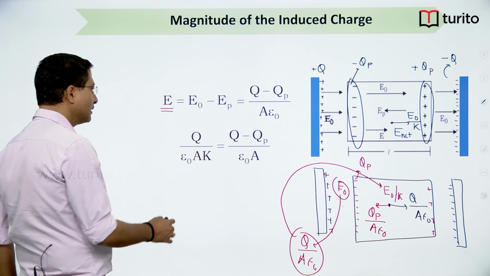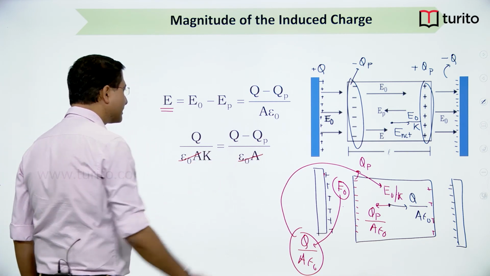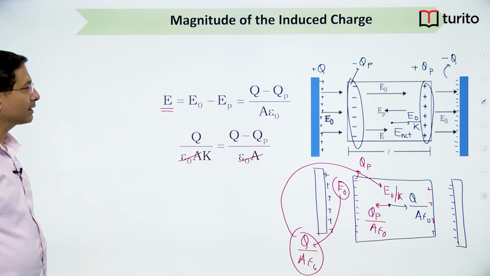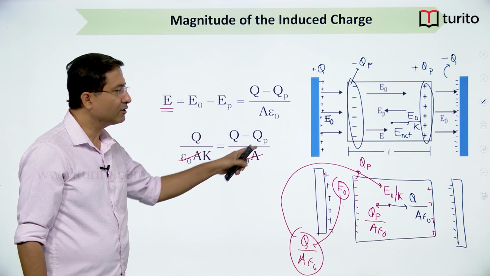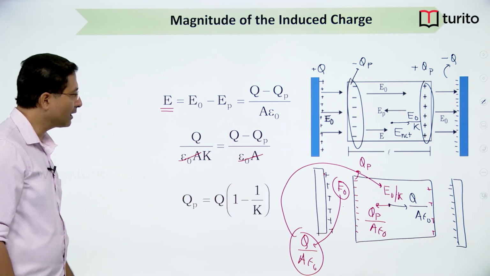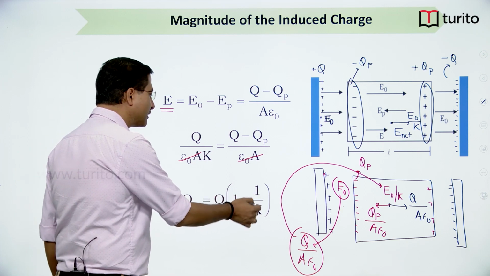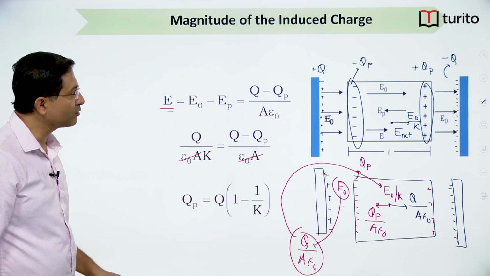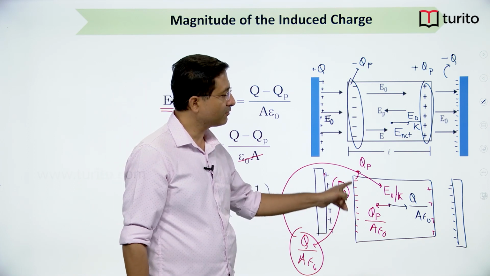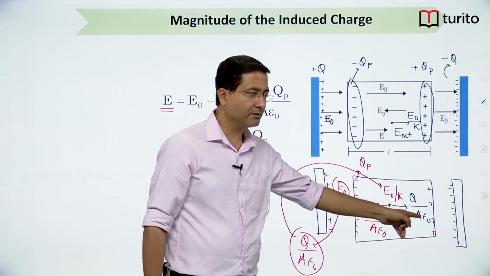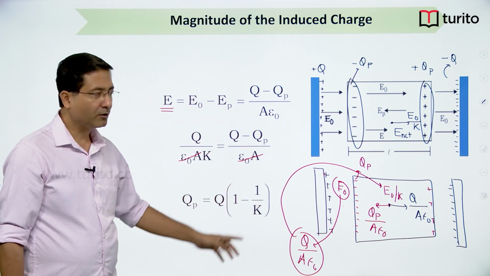Now, this A epsilon naught and this A epsilon naught get cancelled out, and I can rearrange this term to get the value of Qp. So, the value of Qp we are getting is q into the bracket 1 minus 1 upon k. We are getting only the magnitude because the sign we have already considered, right. So, this surface charge will be minus and this surface charge will be plus, and the magnitude of that charge will be q times 1 minus 1 upon k.